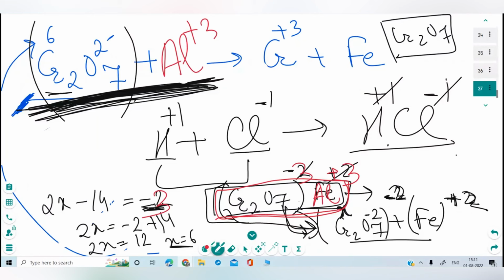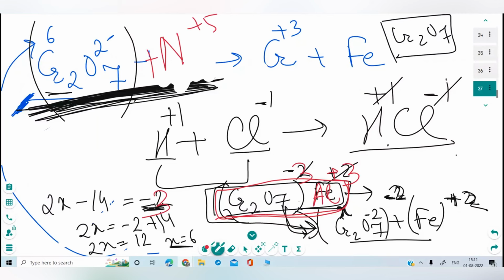Then you will equate it to -3. Yes. Suppose you change the element over here, like the fourth element, I don't remember as such. Maybe nitrogen, +5. Suppose instead of aluminium, if I take here, say N, you know nitrogen is +5.